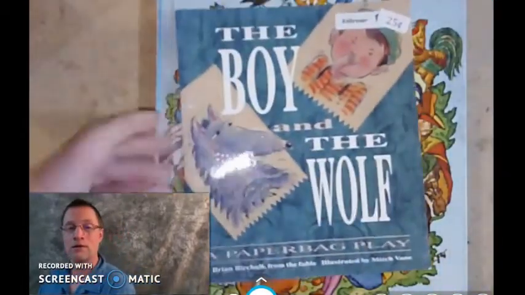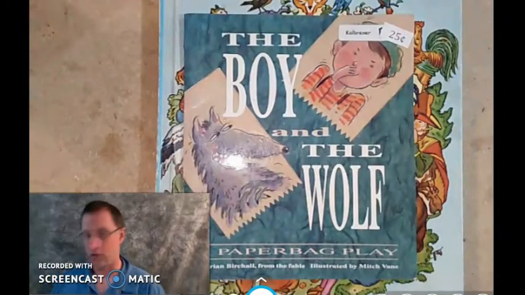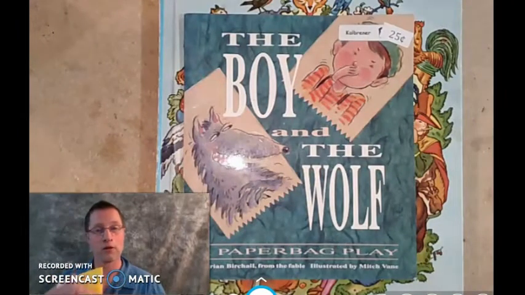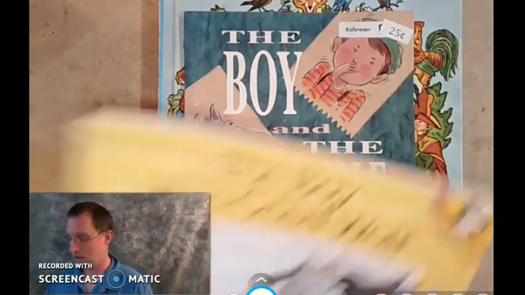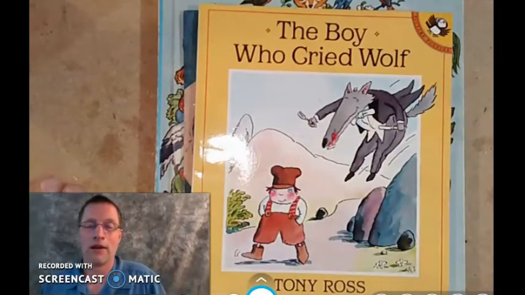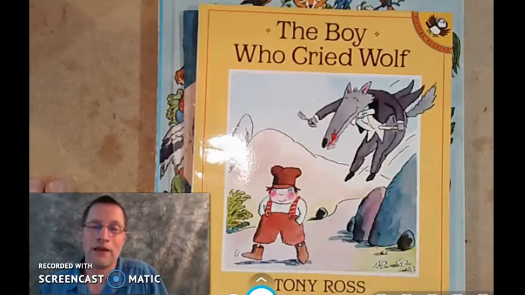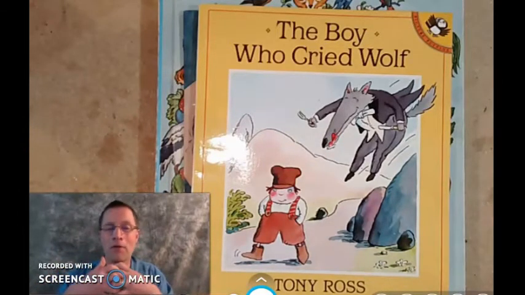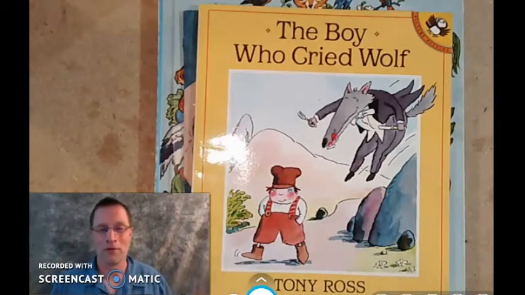In this one, he lied, just like in this one, text-to-text connection, but at the end he gets eaten. And in this one, he lied, and at the end, not only does he get eaten, but the adults get eaten. There are things that are the same about these, and there are things that are different about these stories.